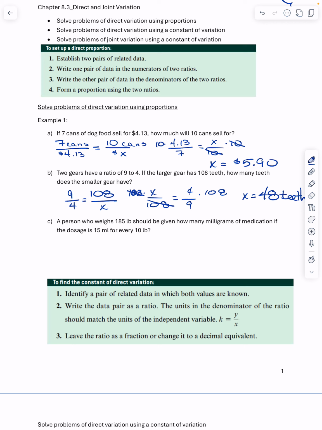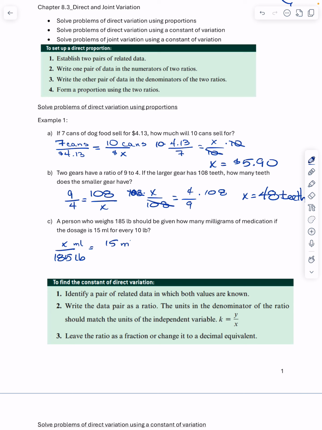Okay, the last example here. I've got a person weighing 185 pounds, and we want to know how many milliliters should be given. So I'm going to try to set this up this time with the X in the numerator. X milliliters for 185 pounds. The dosage is 15 milliliters for every 10 pounds.